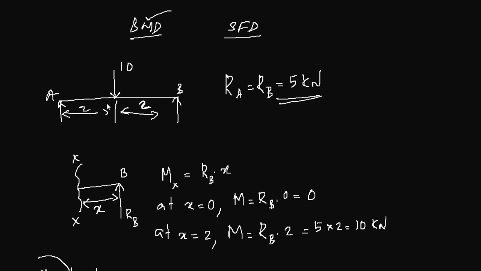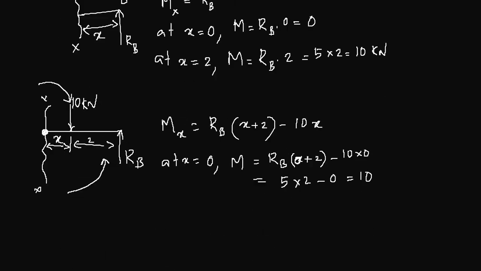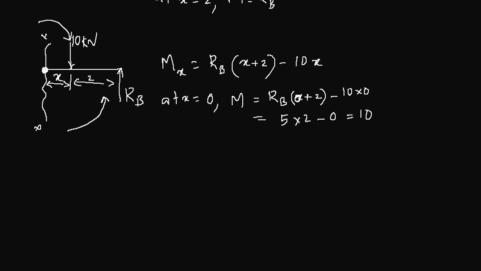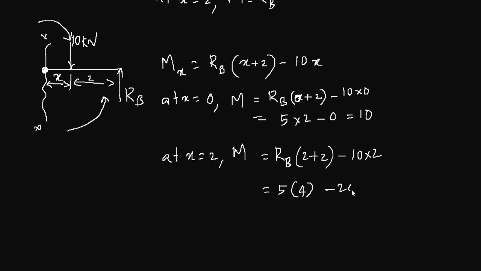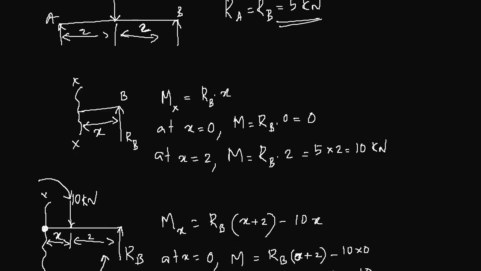So you apply the extreme points, x equal to 0 and x equal to 2. At x equal to 2, moment is RB times (2 plus 2) minus 10 times 2, that is 5 times 4 minus 20, that is 0. So you have 4 moment values calculated.